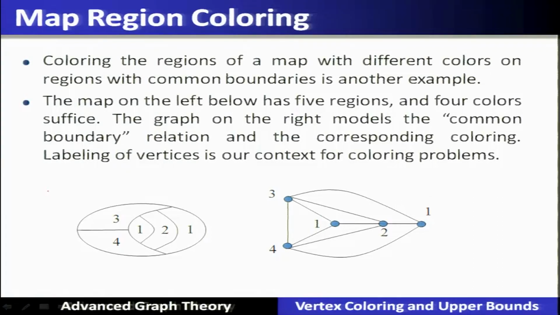Another such problem of coloring arises in map coloring. Coloring the regions of a map with different colors, such that regions with a common boundary get different colors, is called the map coloring problem. On the left here we can see that it has 5 regions, 1, 2, 3, 4, 5, with the constraint that adjacent regions should not receive the same color; adjacent regions should receive different colors.